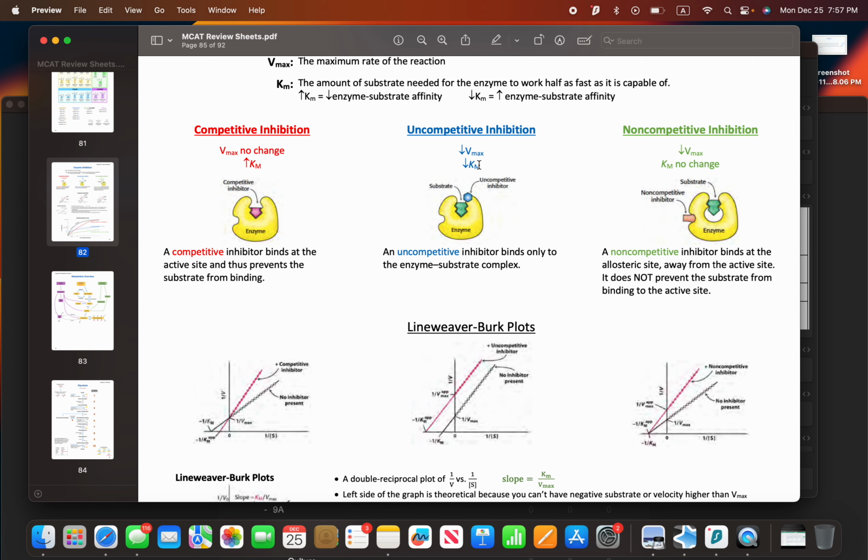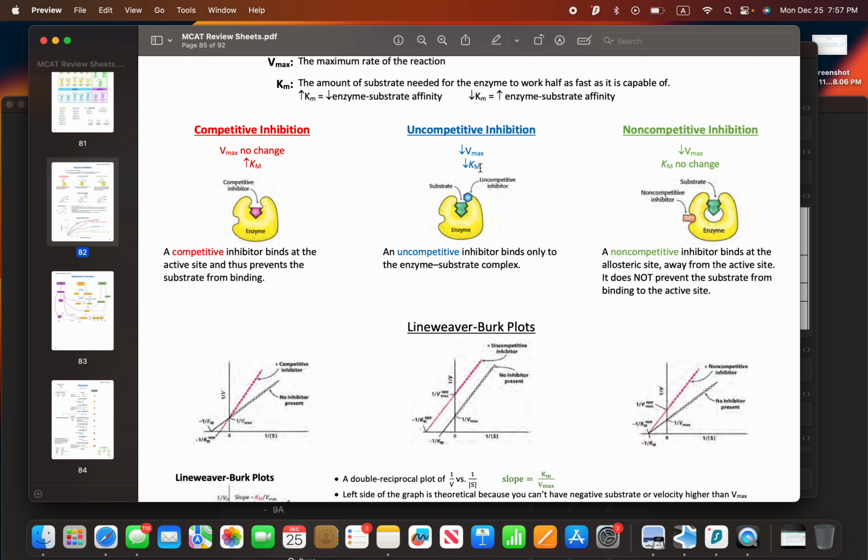And for the Km, if the Km is reduced, it means that the enzyme has higher affinity for the substrate. And that implies that something has happened which has made the enzyme more attracted to the substrate.